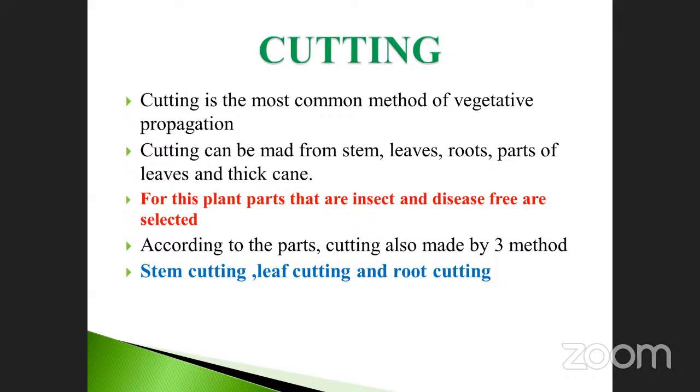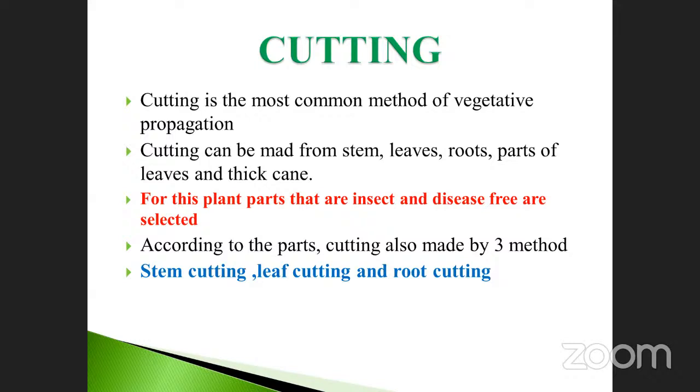According to the plant part, cutting is made by three methods: stem cutting, leaf cutting, and root cutting, and it produces a new plant by the method called vegetative propagation. As a result, you will get the new plant and it is used for commercial purposes.